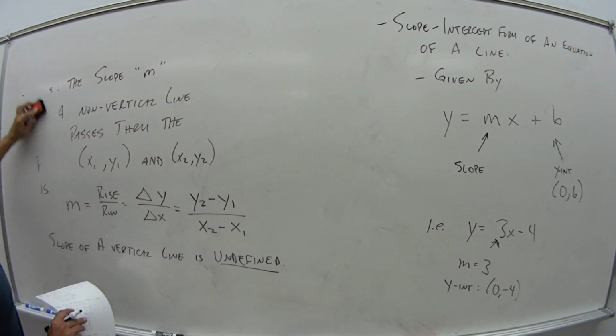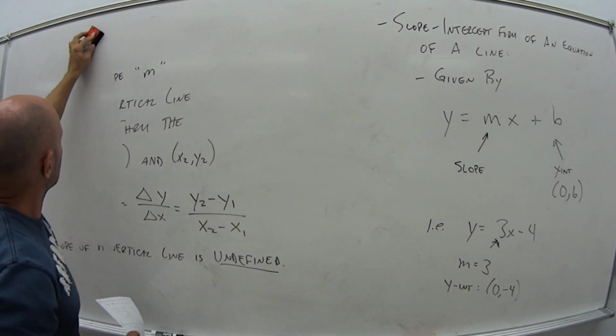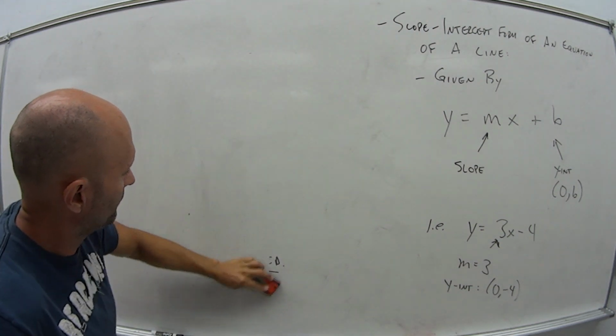And then third is what's known as the point slope formula.